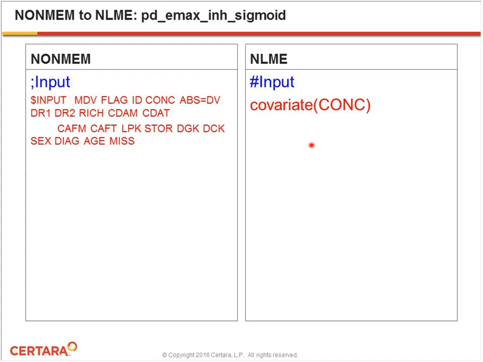And what you see in NLME is typical for Phoenix NLME. If you're having PD data, you use a covariate statement to read in the independent variable. In this case, the independent variable is concentration, and this just links the input to the PD model. But there's also another way you can deal with that, and I'll show that in the demo.